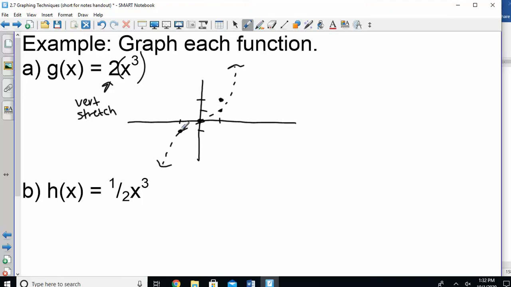Negative 1. So negative 1 times 2 will give me a negative 2. So my final graph, when you stretch it vertically, just like when you stretch a rubber band, the more you stretch it, the skinnier it gets. That's what's happening here. As I stretch it out, it's getting skinnier.